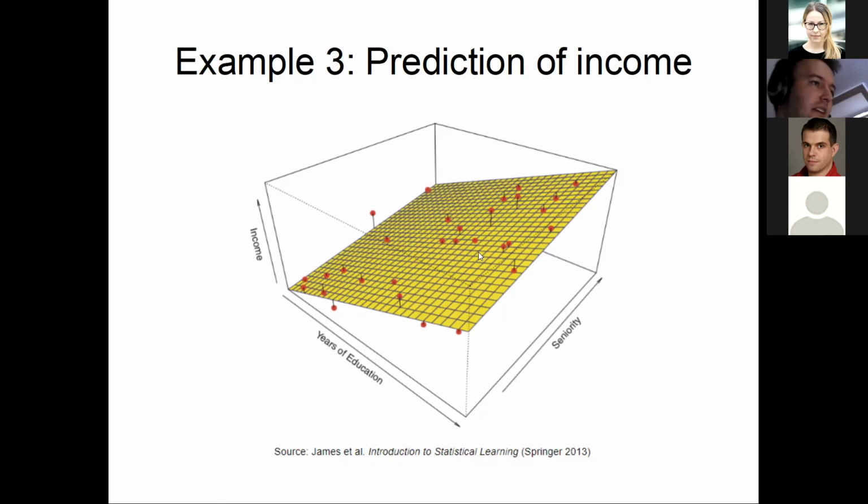So we have this thing in 3 dimensions, and you can see the data points and these black lines that go down to the plane. These are the residuals. And remember, in our model, we have minimized the squares of these residuals.